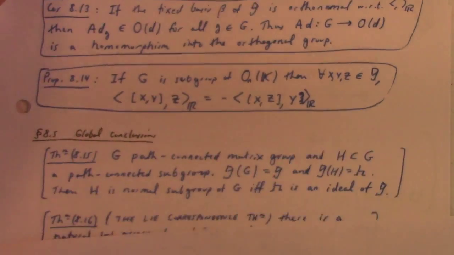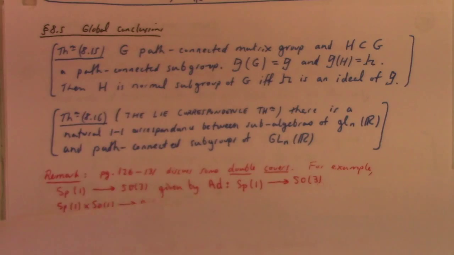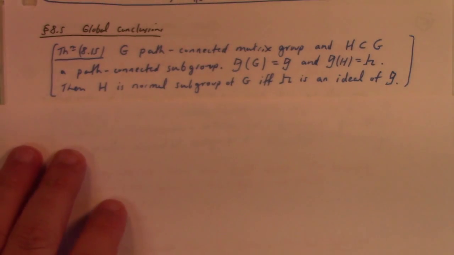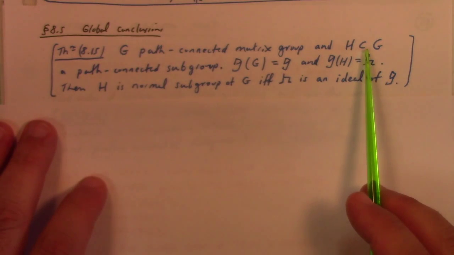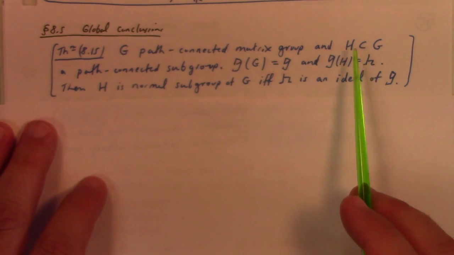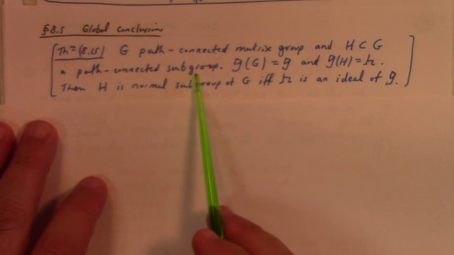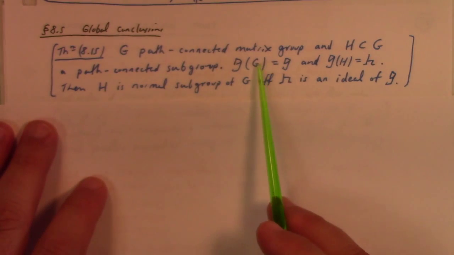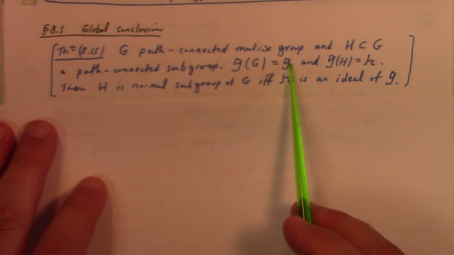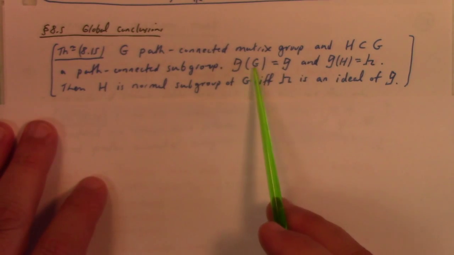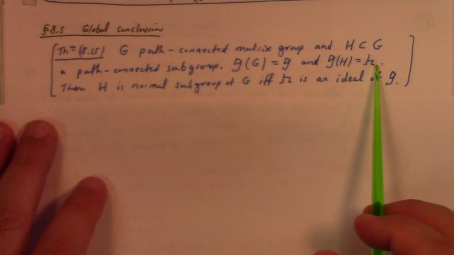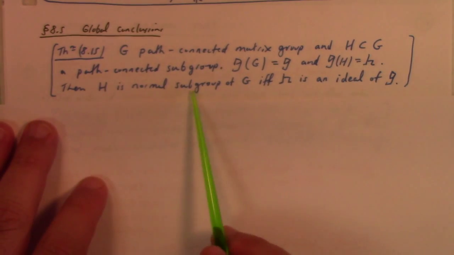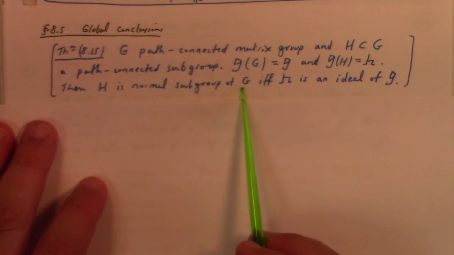All right, moving along here. Some global conclusions. If G is a path-connected matrix group, and H is a path-connected subgroup, suppose the Lie algebra of G is 𝔤, and the Lie algebra of H is 𝔥, then H is a normal subgroup of G, all right?